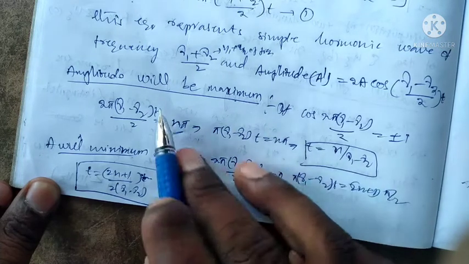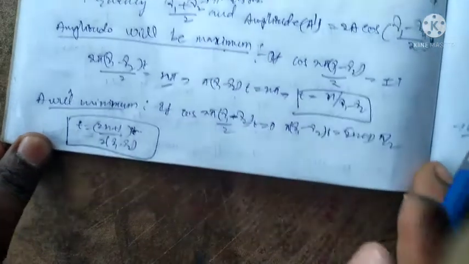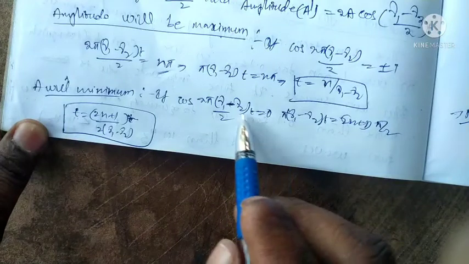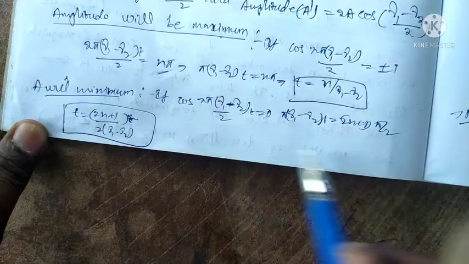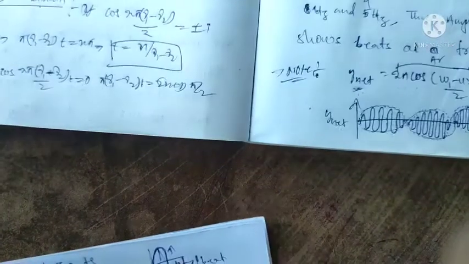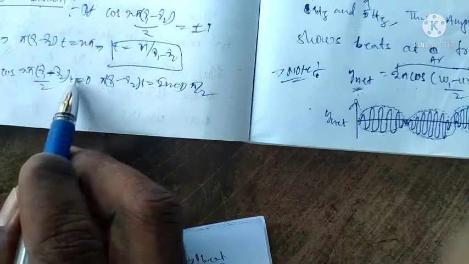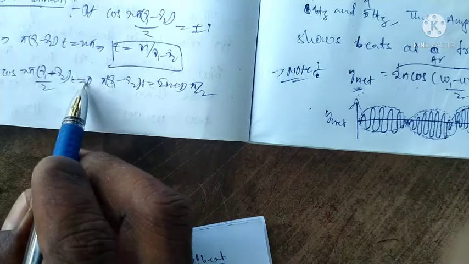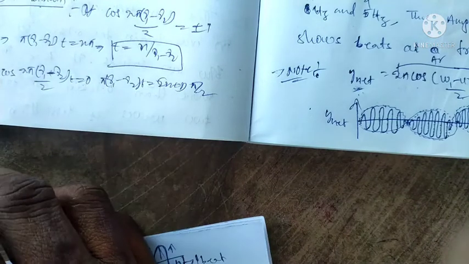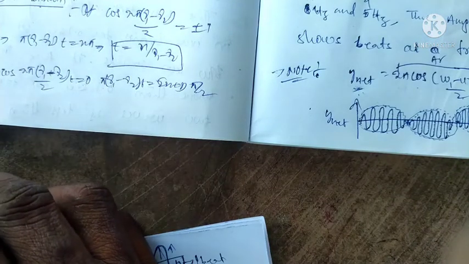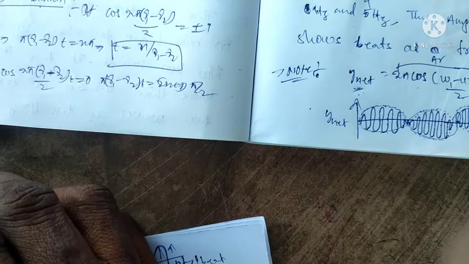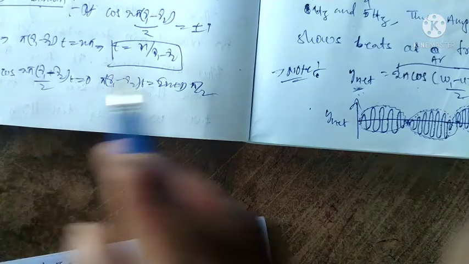This is where the amplitude will be maximum. Suppose we take the minimum, that is 0. The minimum is at the antinode, where the equation becomes 0. The time is (2n plus 1) by 2 into the change in frequency nu 1 minus nu 2.